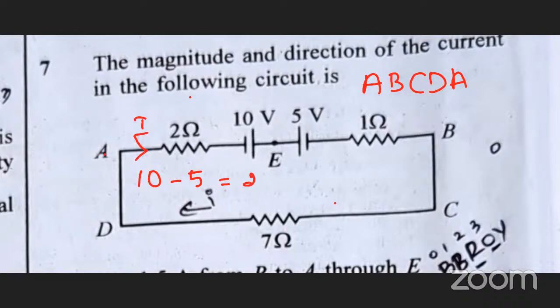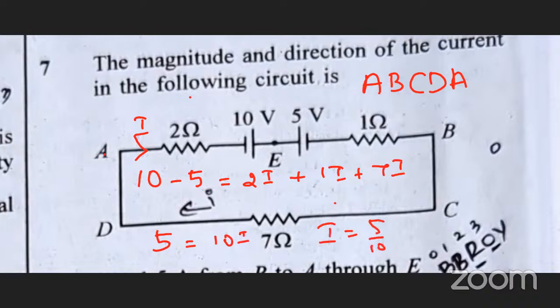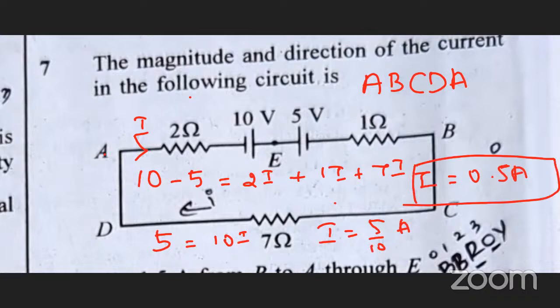So 2I plus 1I plus 7I is equal to 5 volt, which is 10I. From that, I is equal to 5 by 10 ampere, which is 0.5 ampere. The answer we are getting is positive, so the direction assumed by us is also correct.